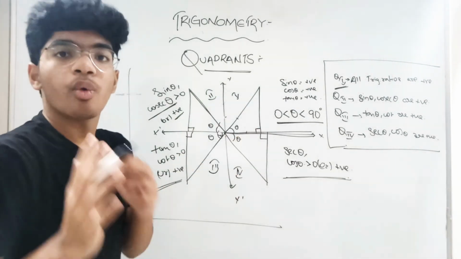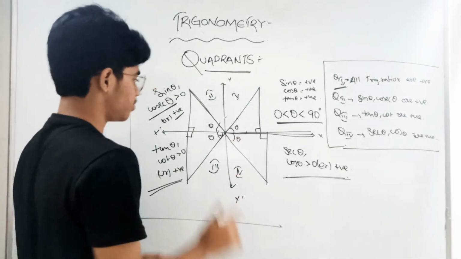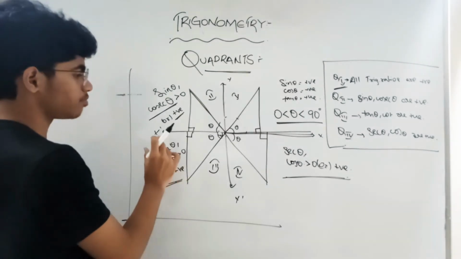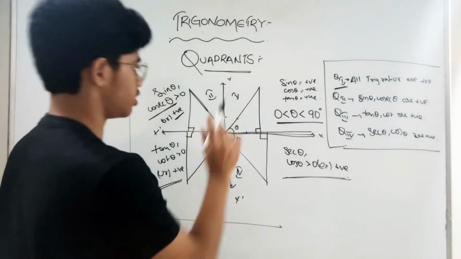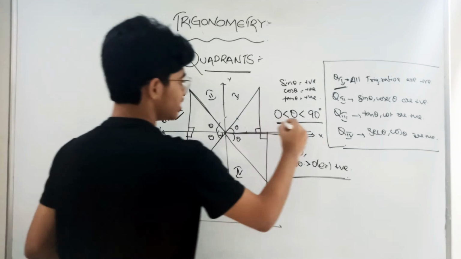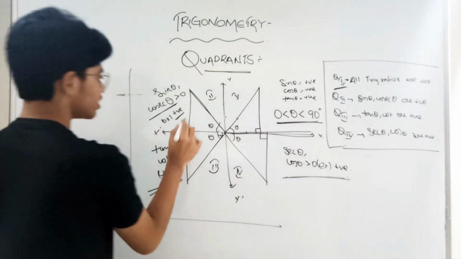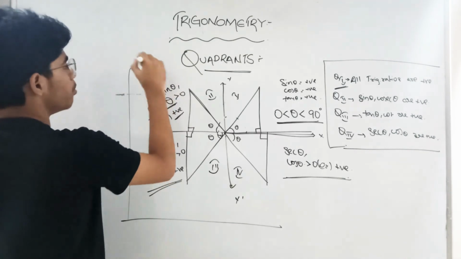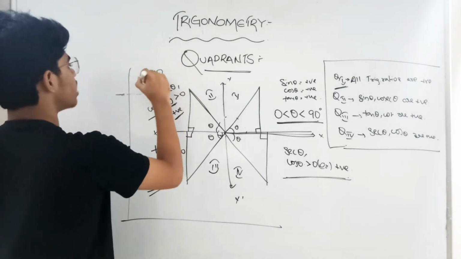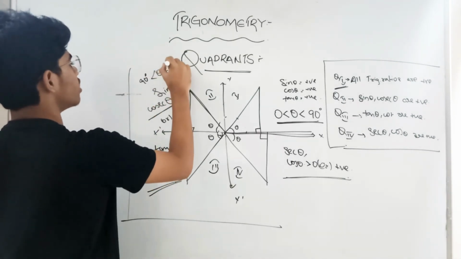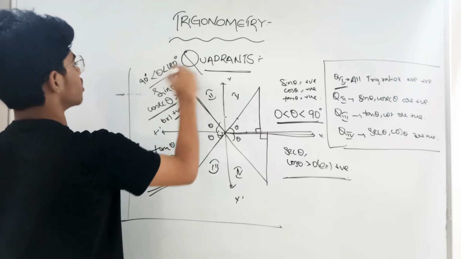So whenever we take an angle, yes, I'm sorry, I forgot. I didn't give this for every quadrant, so I'm going to give it now. In this one, theta lies between how much? 90 degrees and 180 degrees. Right?